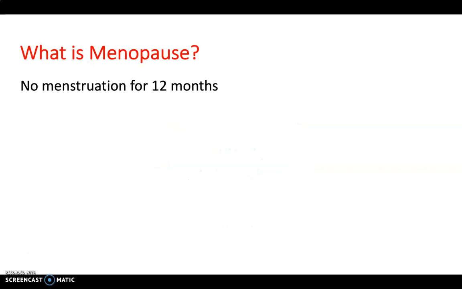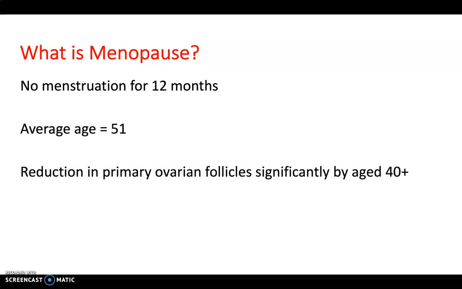So, what is menopause? It's defined as when you have no menstruation for 12 months. The average age that this tends to occur is around 51. And you'll tend to see a reduction in primary ovarian follicles significantly by the age of 40 and over.